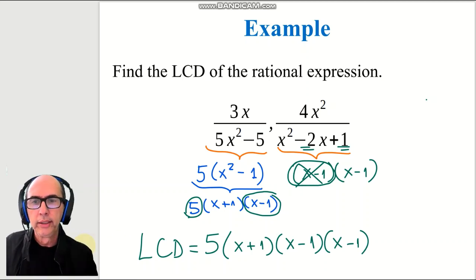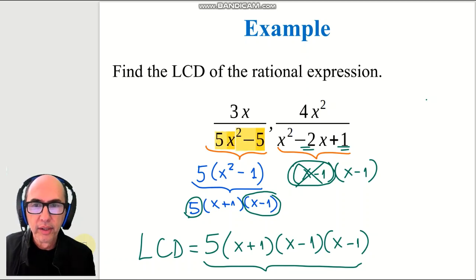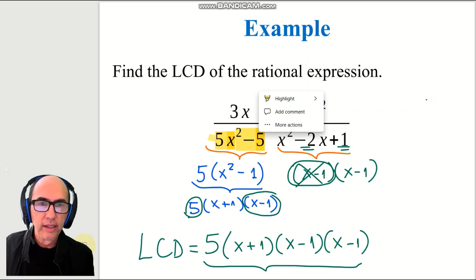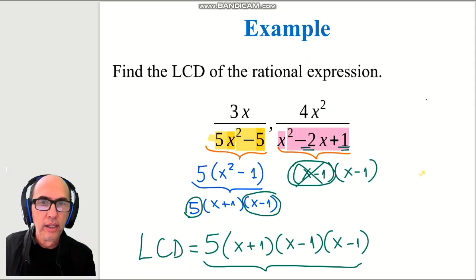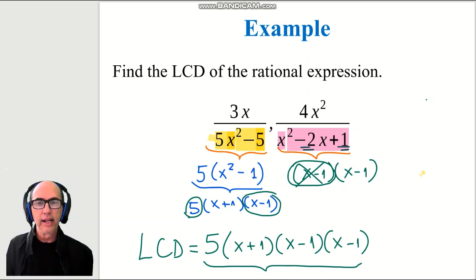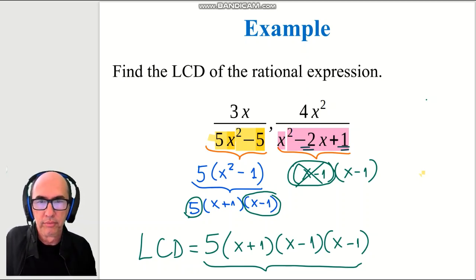The whole point of finding the least common denominator is to get an expression that if you divide by the first denominator, you can simplify. If you divide by the second denominator, you can simplify, and you're going to end up with some kind of expression.